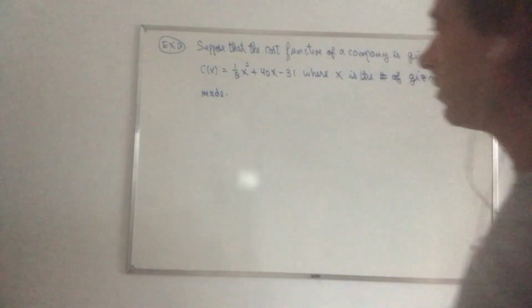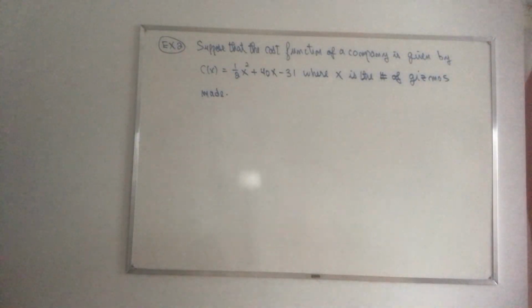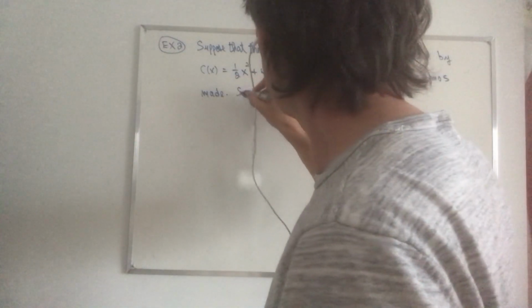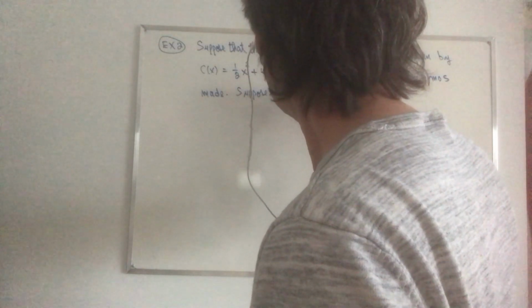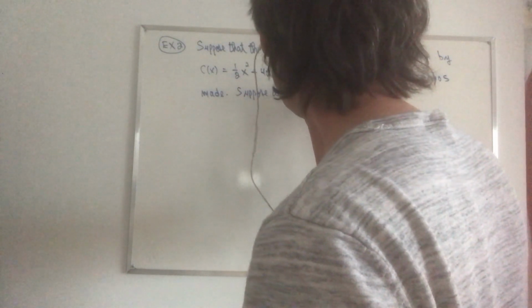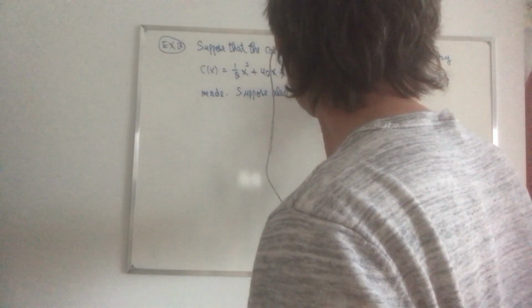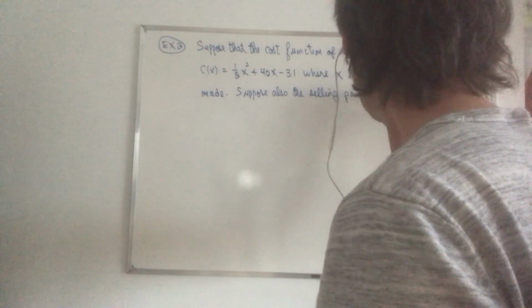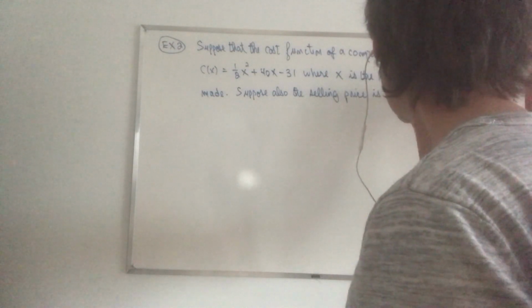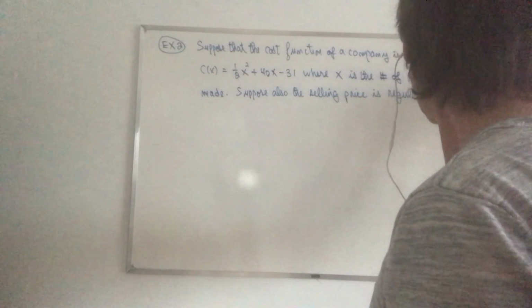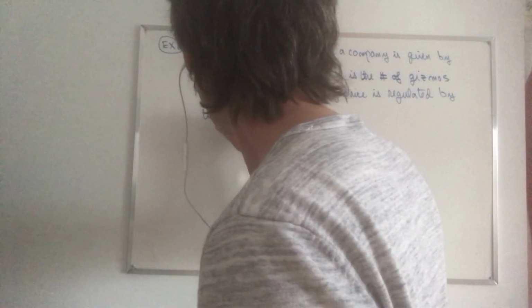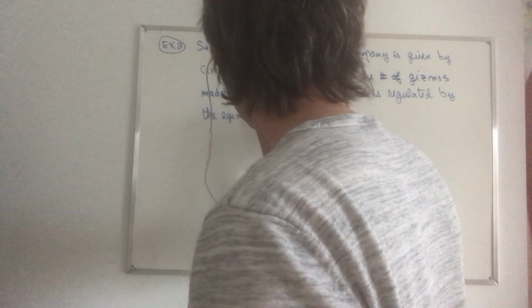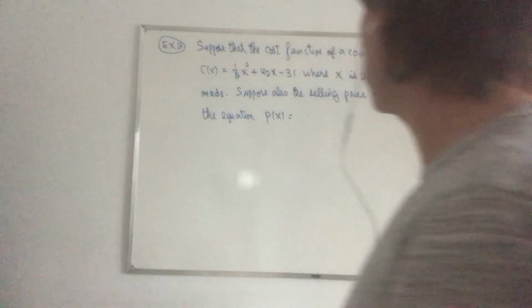All right, so you're given the cost function, half x squared plus 40x minus 31, and suppose also that the selling price is regulated, nice word, by the equation P of x. What shall we have as a P of x?